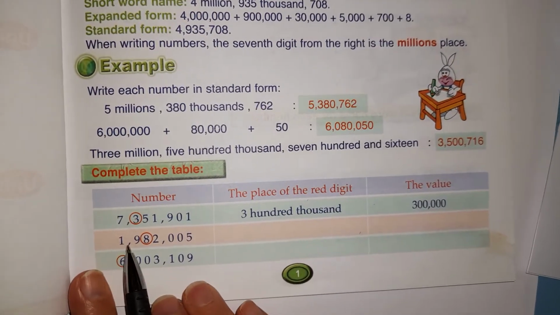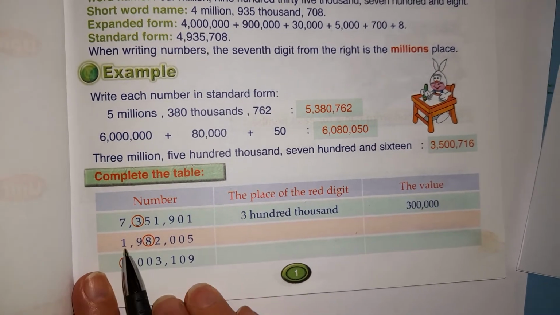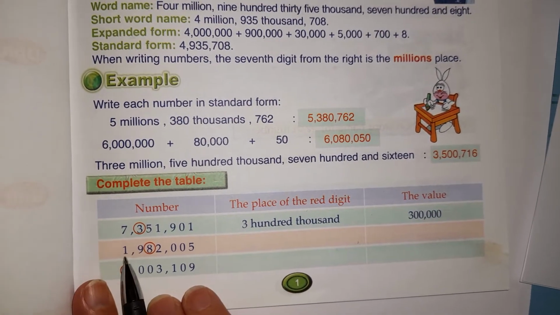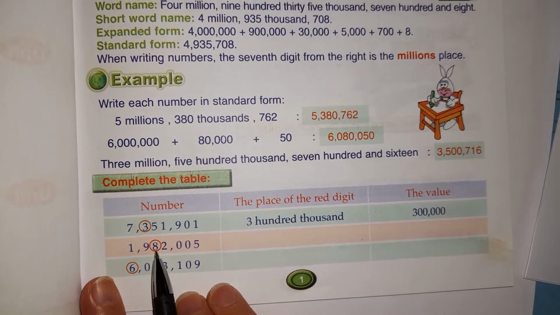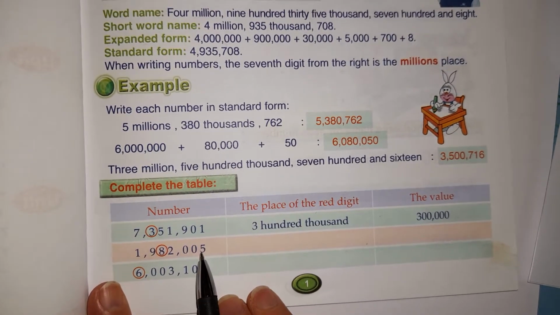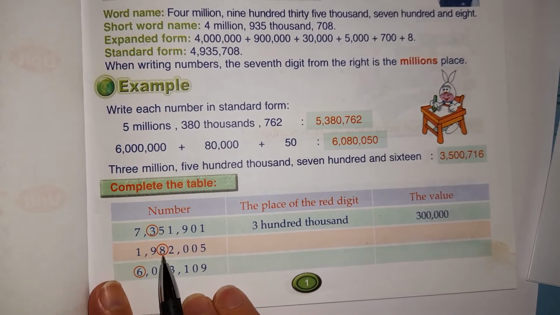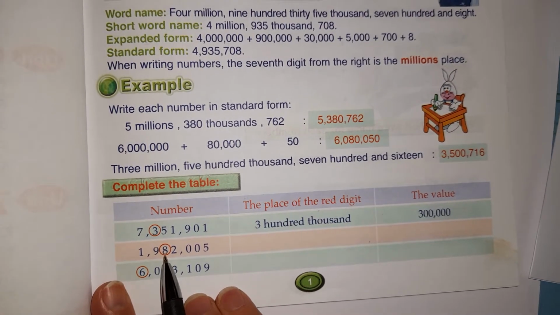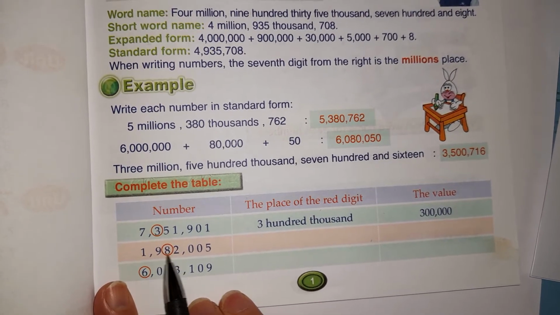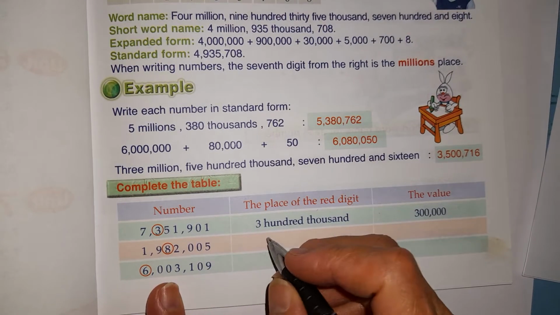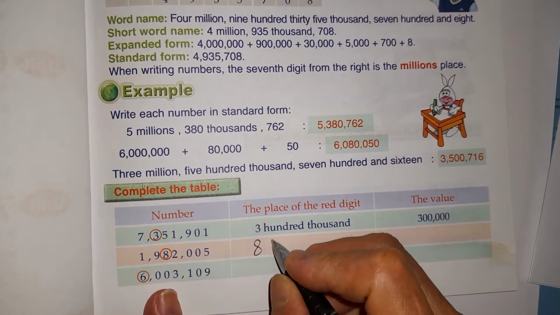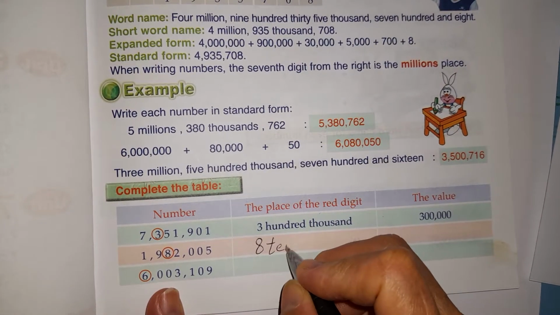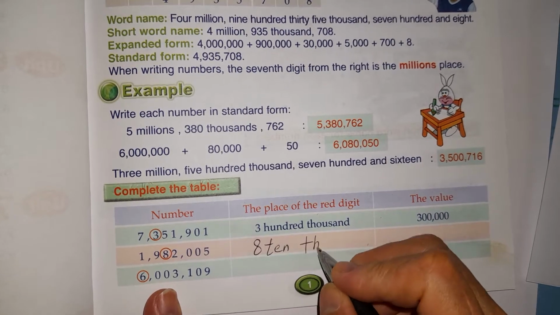Now I need someone to read this number for me. Yes, you are correct. It's 1,982,005. Now where is the 8? The 8 is in the tens. Tens what? Tens thousand. So you will write 8, then you will write 10,000.